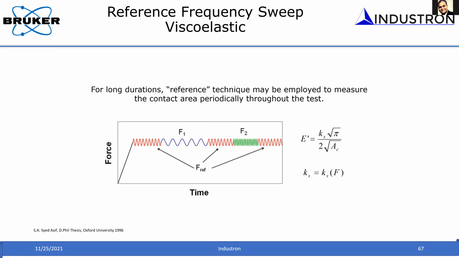So we developed a reference frequency technique where you use one frequency as a reference, where the mechanical response of the material is known. Then you change the frequency from low frequency to high frequency to measure the response of the material as a function of frequency. So the reference frequency keeps track of the change in contact size without worrying too much about the drift, whereas the change in frequency gives you the frequency response of the material.